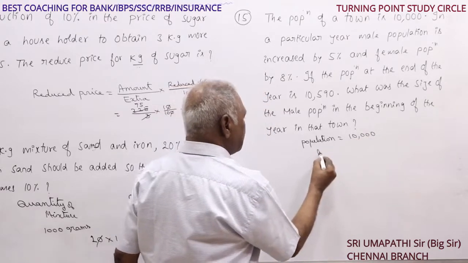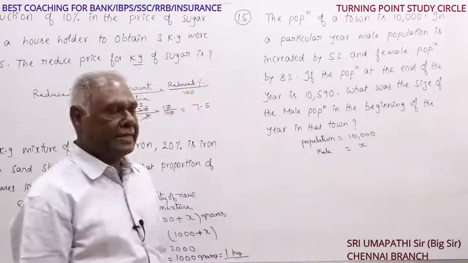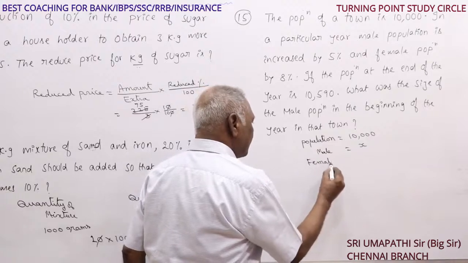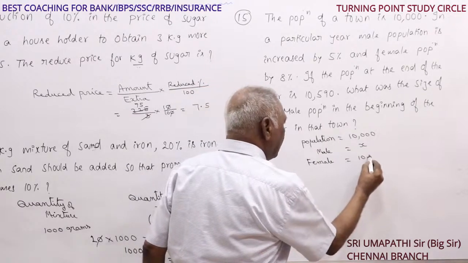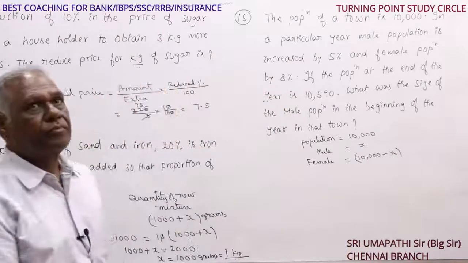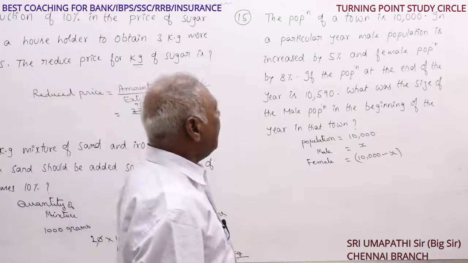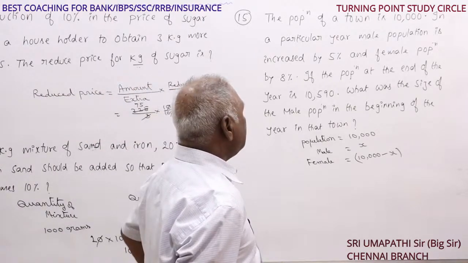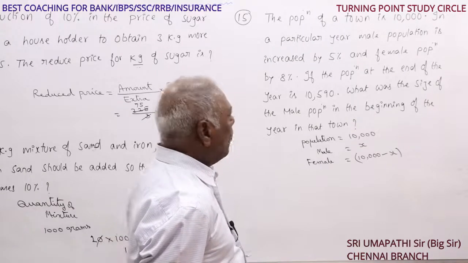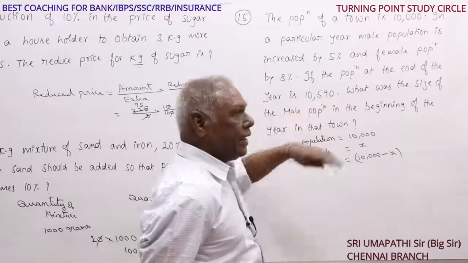Let male population be x. Let us suppose male population is x, so that female population is 10,000 minus x. Now the percentage of increase in the population of male is 5% and female is 8%, and the overall increase is 10,590 minus 10,000.